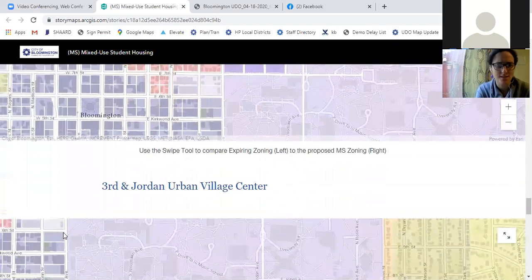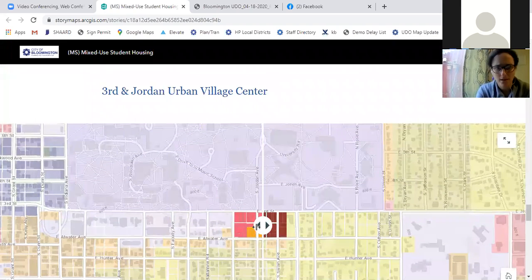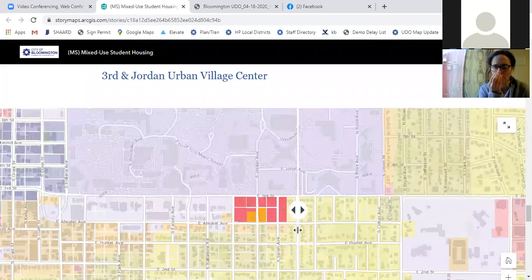And then 3rd and Jordan is a little bit different because it is the commercial node there at 3rd and Jordan that currently has a small convenience store and Soma and other businesses along 3rd.